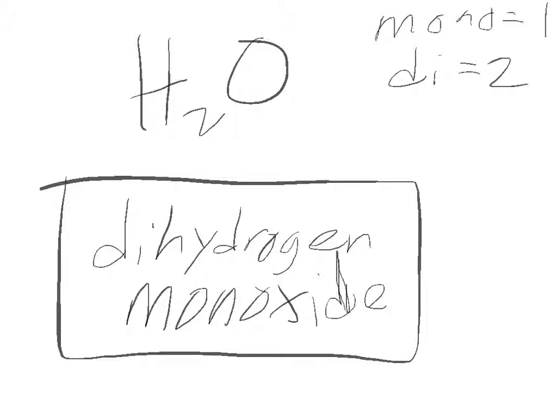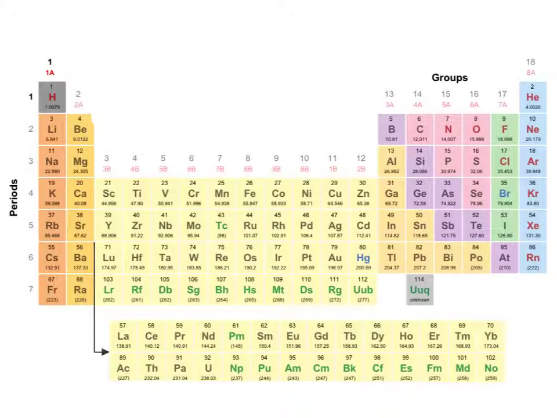Now let's move on to ionic bonds, which is a metal and a non-metal. And for that we'll have to make a new slide. Okay, there it is.